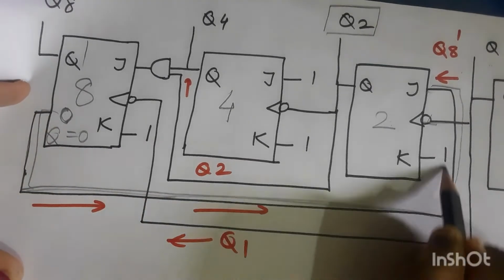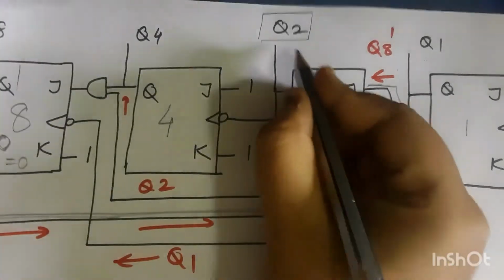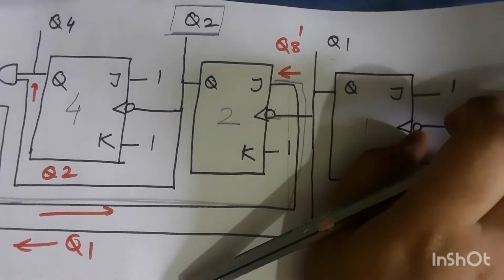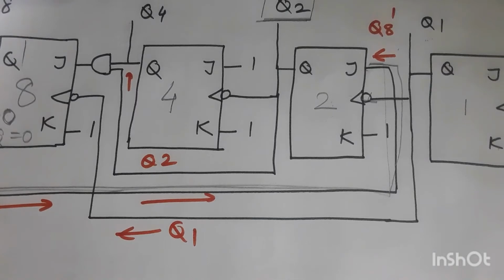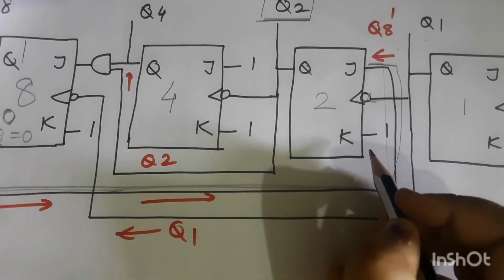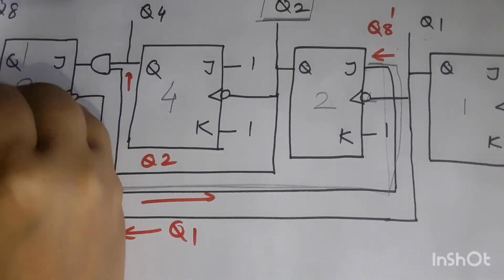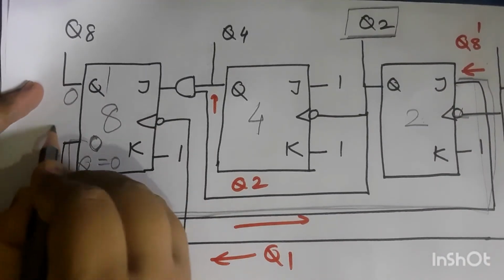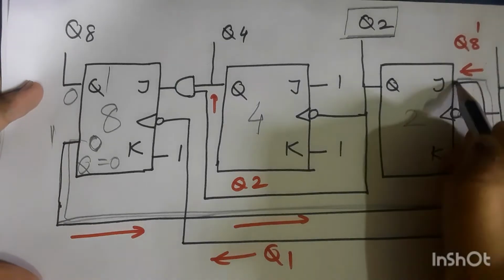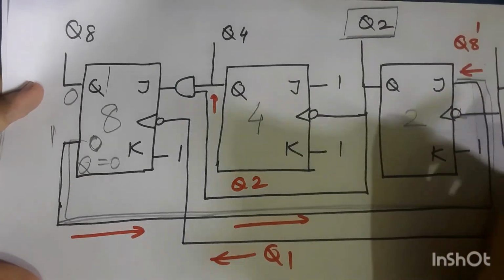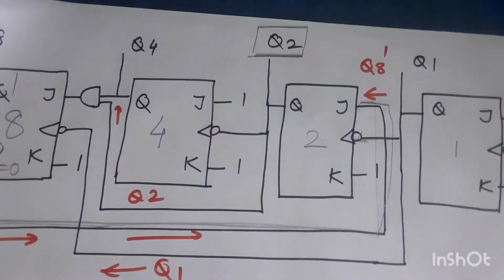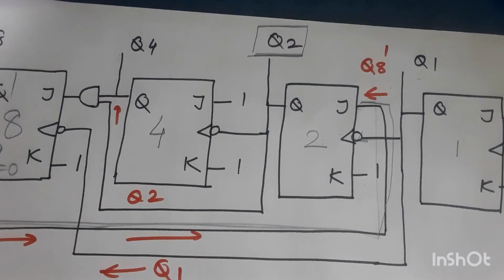And it will come here as 0 and it will clear the Q2. And if Q8 is 0, Q8 bar is 1. Q8 bar 1 is the 1 input for complement. Whenever the transition happens from 1 to 0 for Q1, Q2 will get complemented.